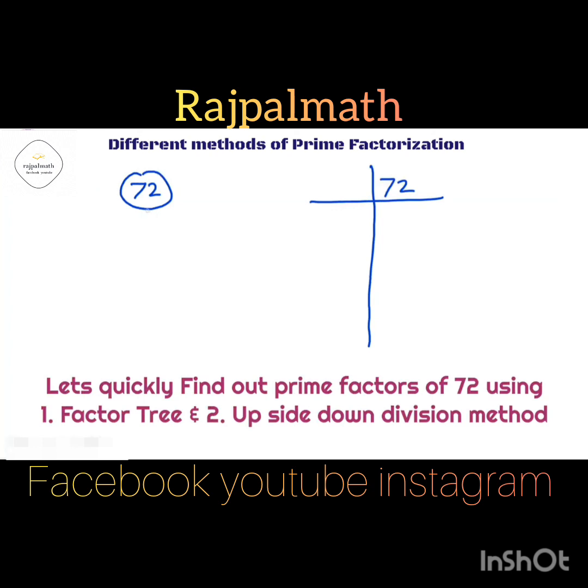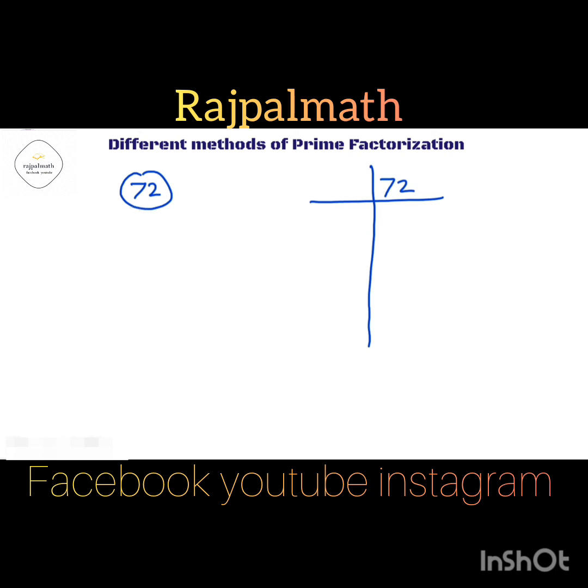Let's quickly find the prime factors of 72 using the factor tree method. 72 can be factorized as 2 into 36. Now 2 is a prime number, it cannot be factorized further. The 36 can be factorized as 2 into 18. This 18 can be further factorized as 2 into 9, and 9 is divisible by 3.